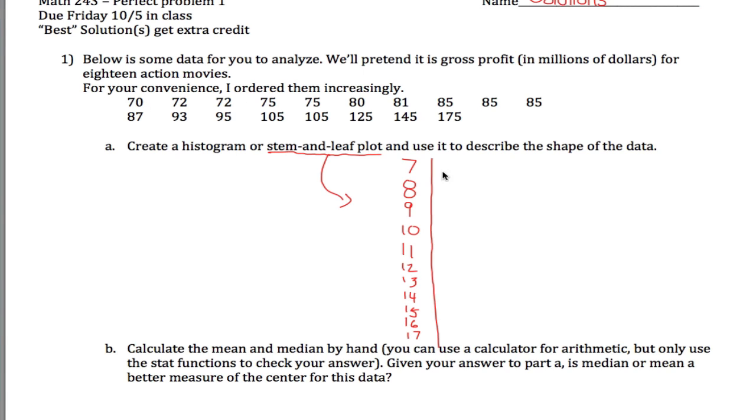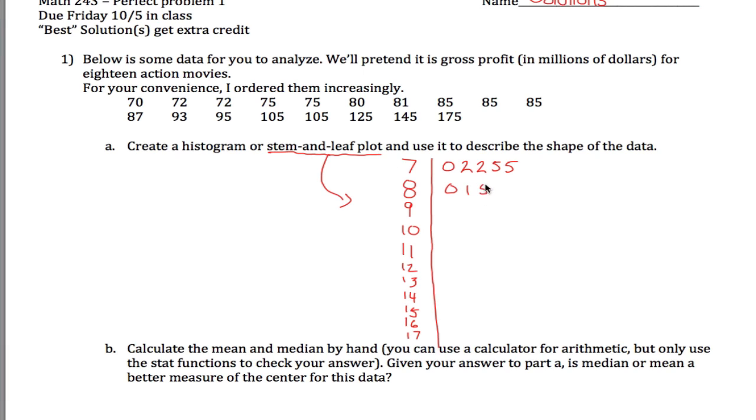So then go through our data. In the 7 stem, I have 70, 72, 72, 75, 75. In the 8s, I got a 0, 1, 5, 5, 5, 7.